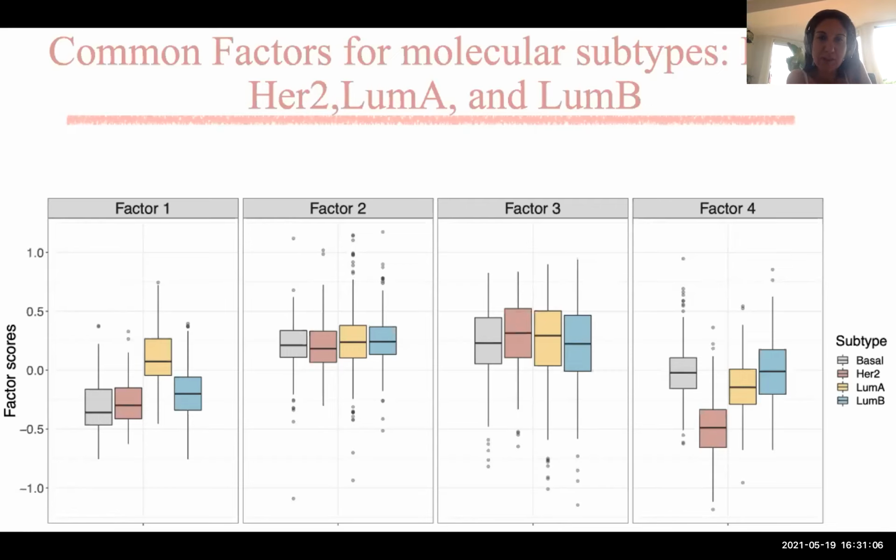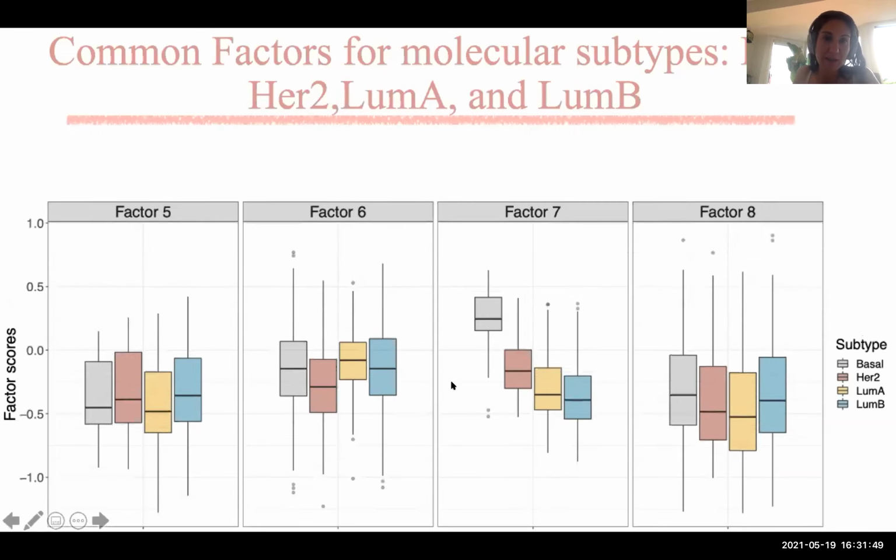And this factor also presents high loadings for some genes like GATA3 that are expressed really highly, especially in this breast cancer molecular subtype. Factor 4 presented lower scores, as you can see, with respect to the other 3 for the patients classified as HER2. And this factor is enriched in a metabolic pathway. And this pathway has been found to be associated with HER2.